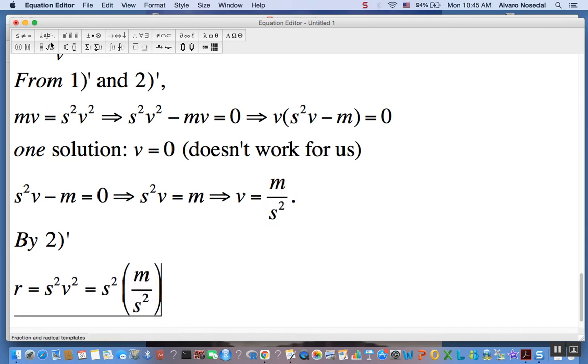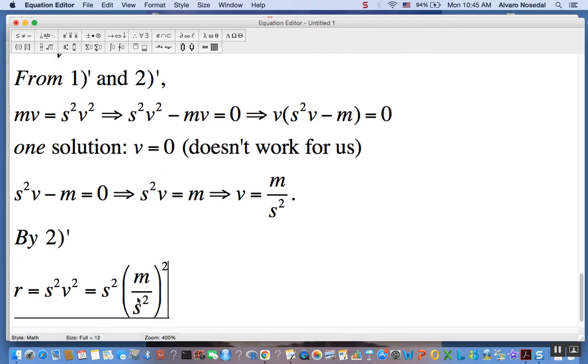So it would be this one squared. So then what we're going to have is M squared, and then divided by S squared, because we have S squared squared, so one of those will cancel out, and that's what we end up with.